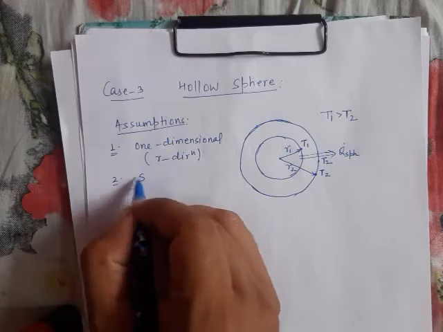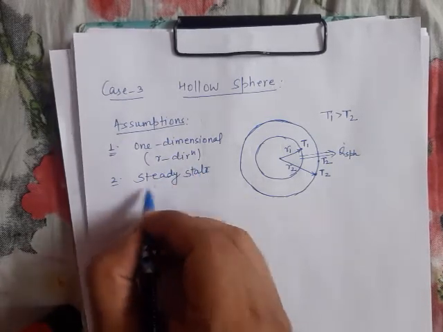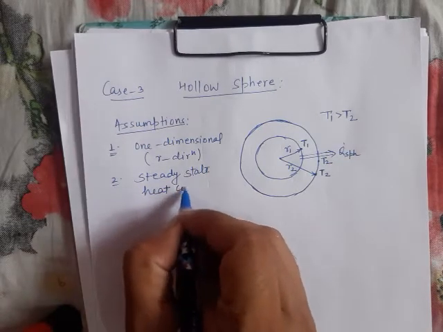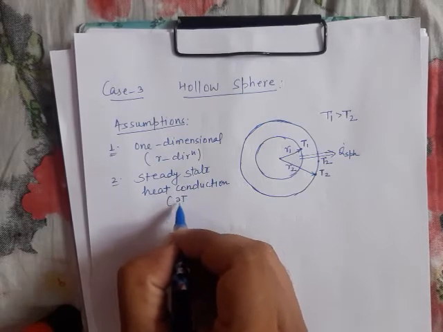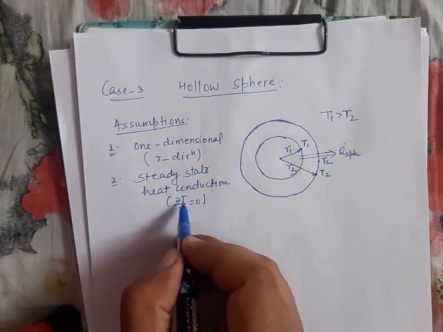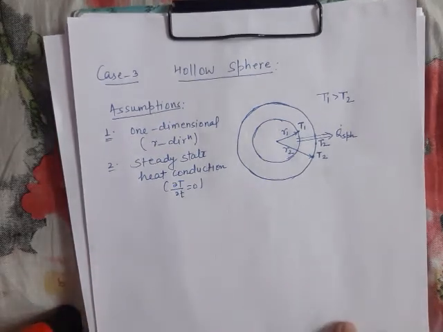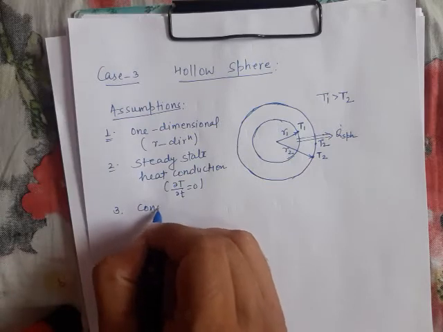Second assumption is steady state heat conduction, which means that del T upon del t would be 0. In steady conditions, the temperature with respect to time will not change, so del T upon del t is 0. Third is constant thermal conductivity.